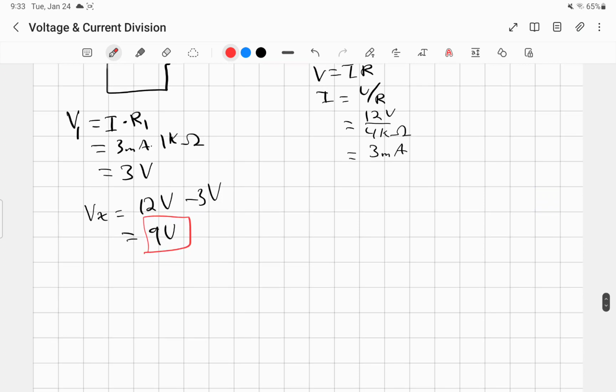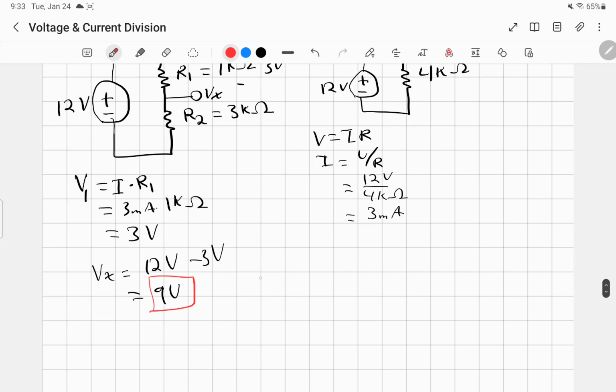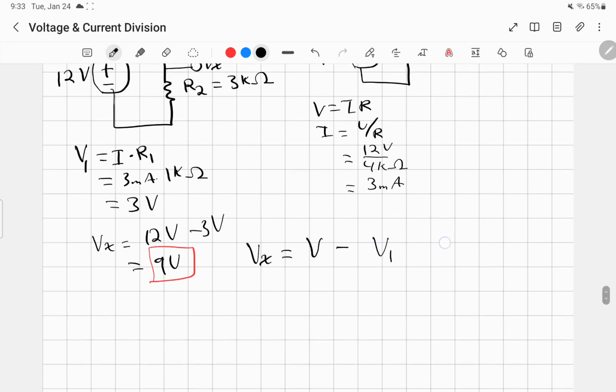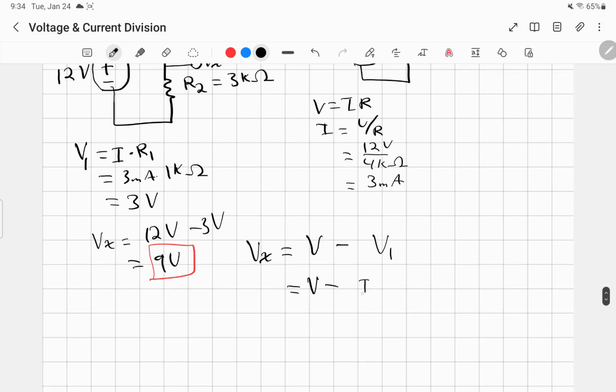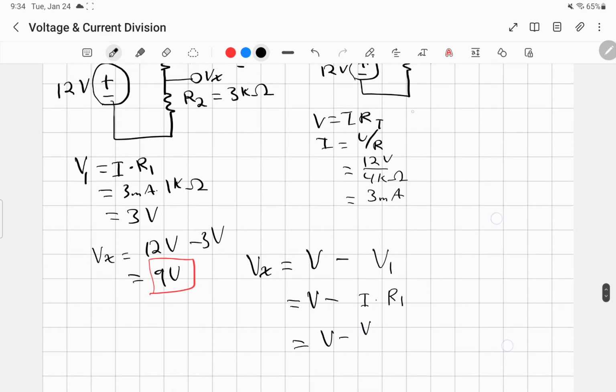And so now let's summarize what we just did. Basically, in order to find Vx, we had the initial voltage V, which is 12 volts, minus V1. That's V minus I times R1. I was V over R, and sorry, this R here is RT, right?